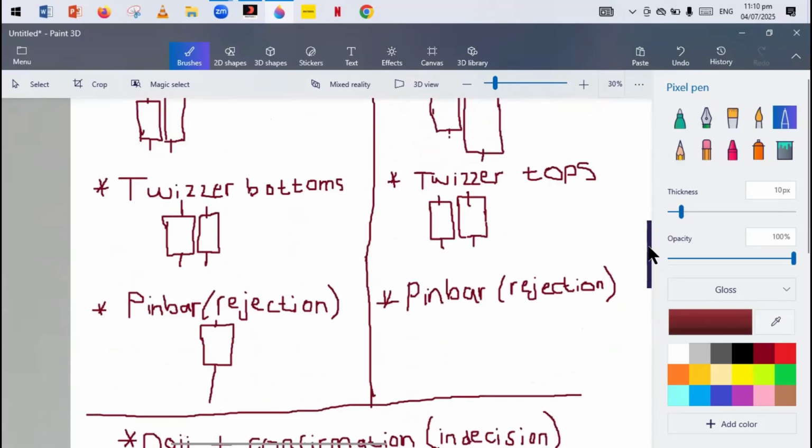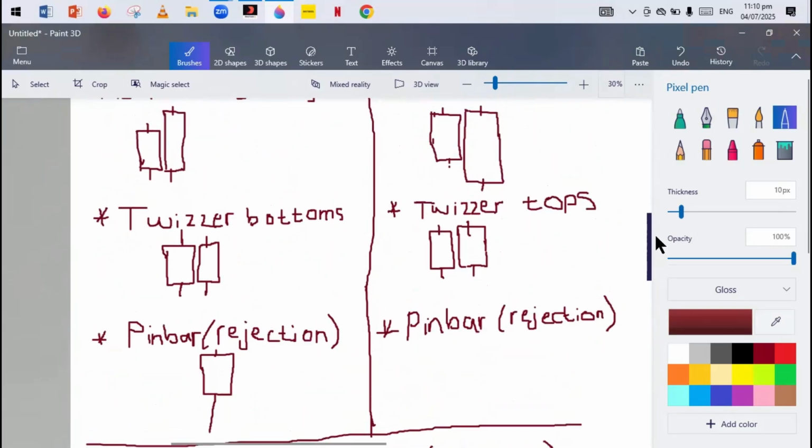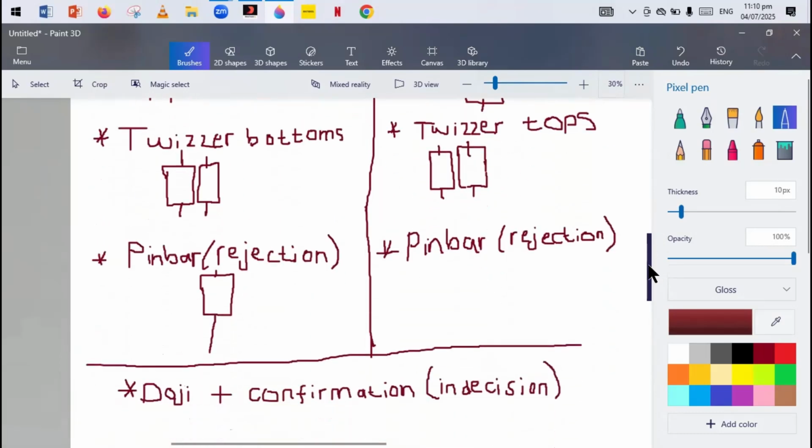And then we have the pin bar in a downtrend. In a downtrend, it's the opposite.